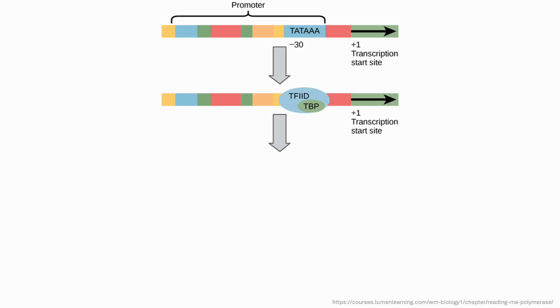This promoter detection begins with the binding of general transcription factor TF2D binding a TATA box via detection of the TBP, or the TATA binding protein subunit. Binding causes significant distortion of the DNA and kind of acts like a big flag that there is an active promoter site region in a sea full of genes.